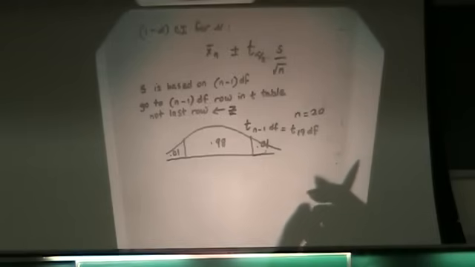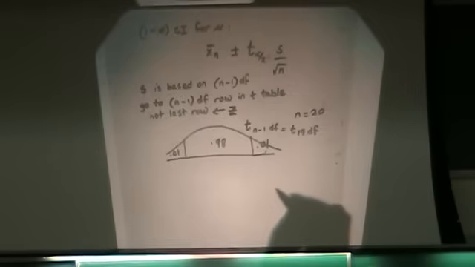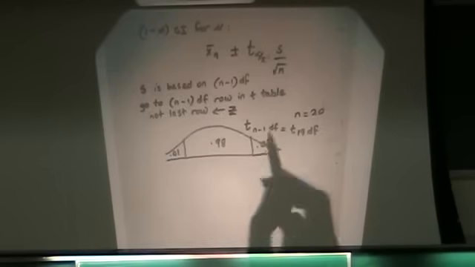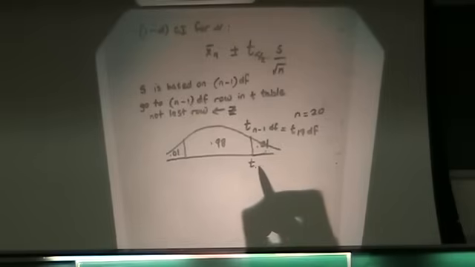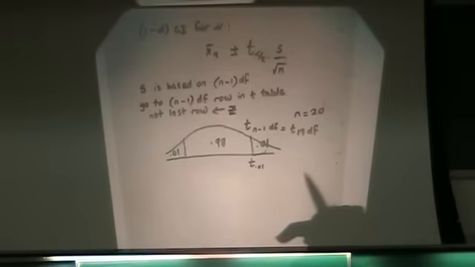Are you following what I'm saying? Don't go to the bottom because it's not a Z anymore. It's a T distribution. So can you please get me T 0.01?